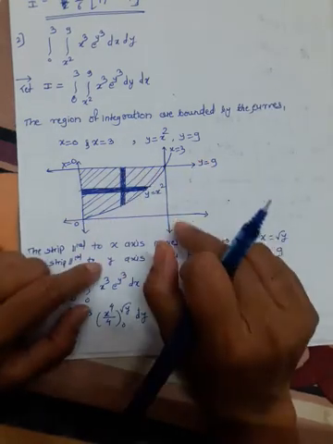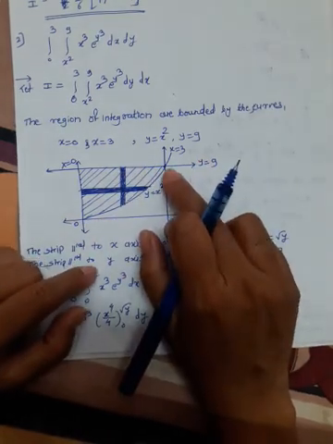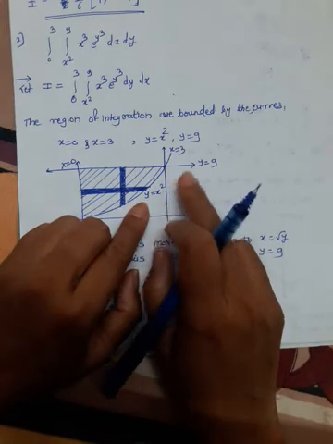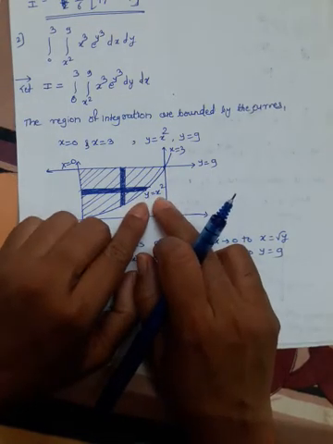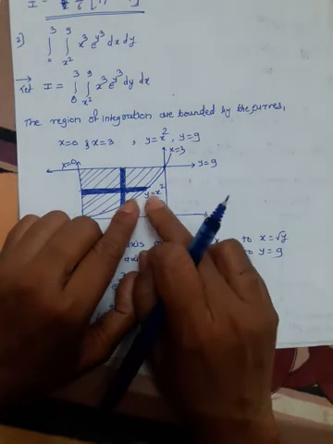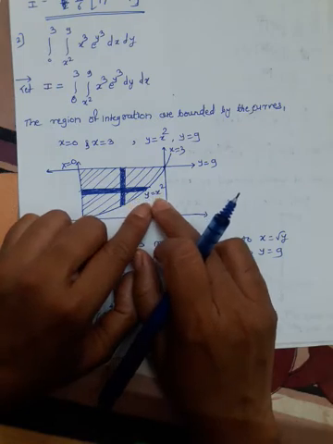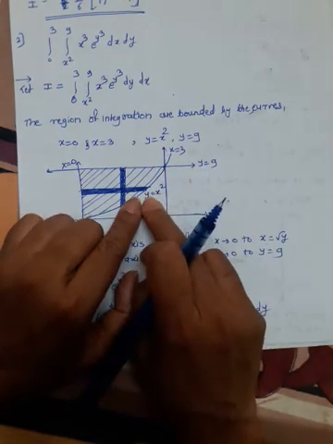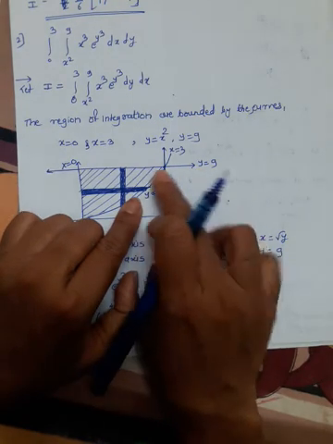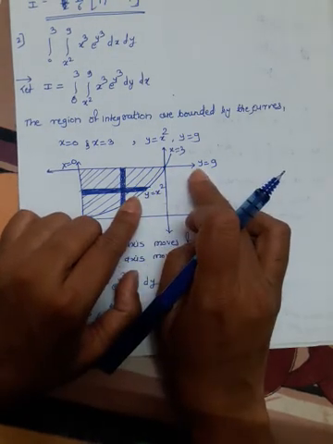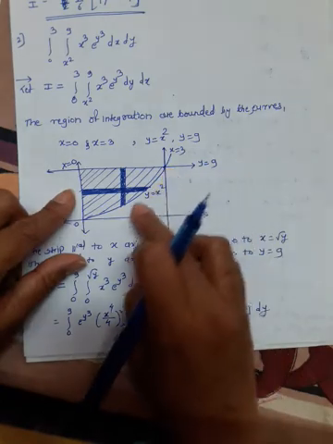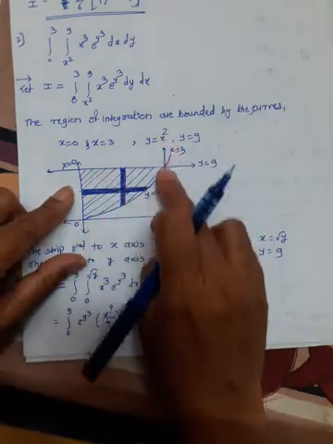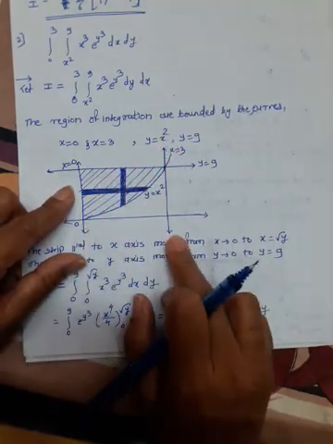We have to make sure whether the point of intersection is the same or different. If you put x is equal to 3 here, or put y is equal to 9, we get 9 is equal to x square, which means x is equal to 3. That means this curve should pass through this line, and this curve should cross this line also.